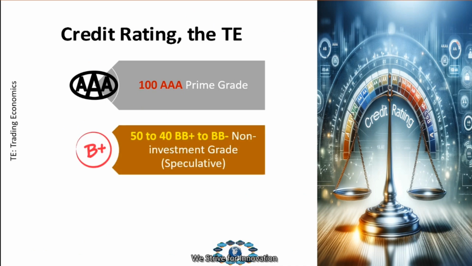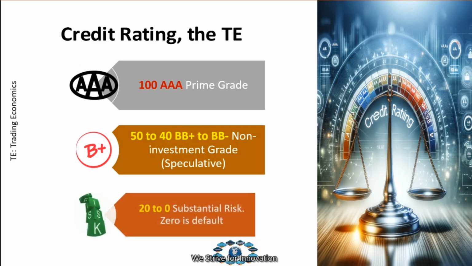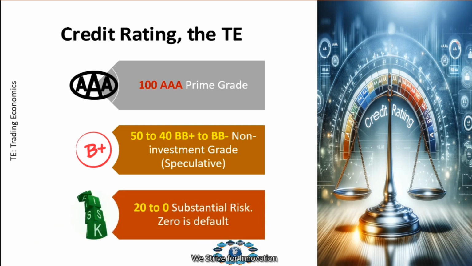If it is between 50 and 40, which corresponds to BB plus to BB minus, that's considered non-investment grade, speculative. And if it is between 20 and 0, it reflects substantial risk, with 0 indicating default.